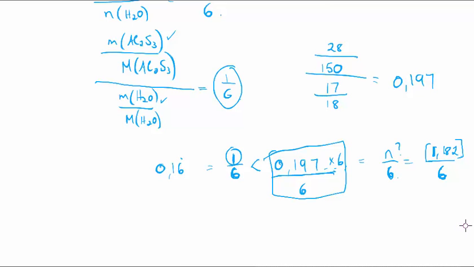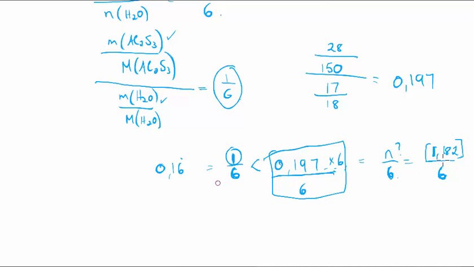So water. The 6 was the limiting, isn't it? Well, it now depends. Your question is which one is in excess, and then you see, oh well, this one is in excess. Yes. Because my aluminium sulfide is in excess, it makes water the limiting factor.